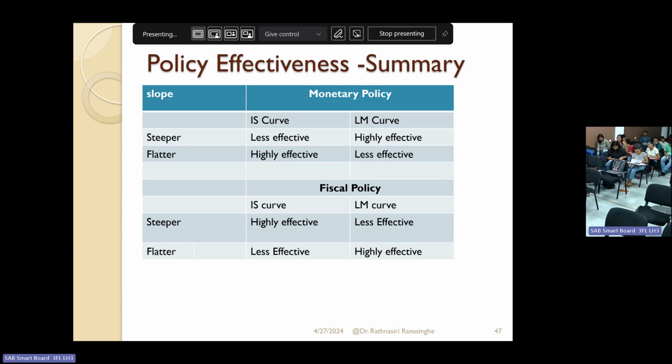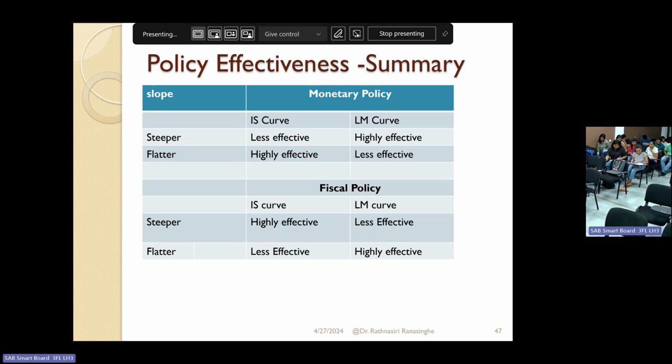If we draw the curves, for one case we have the steeper IS curve, and for the other we have the flatter IS curve, with a normal LM curve.